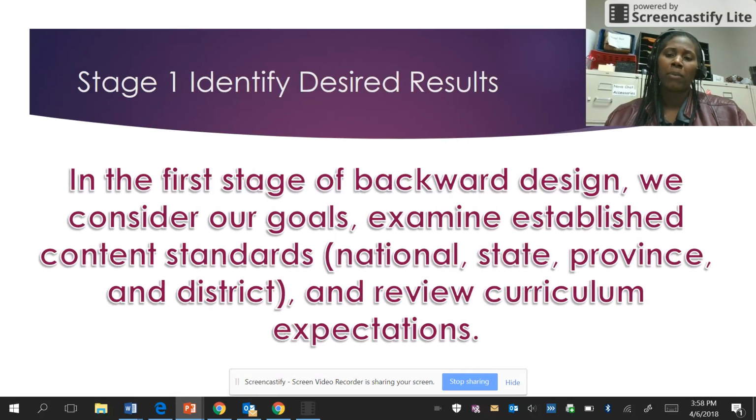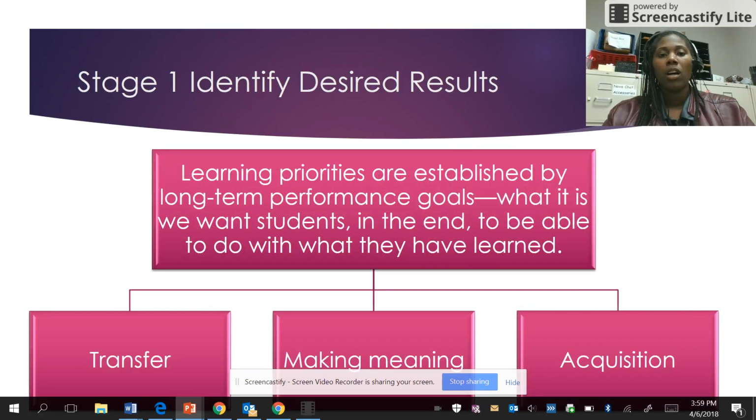In the first stage of backward design, we consider our goals, examine and establish content standards, and review curriculum expectations. Learning priorities are established by long-term performance goals. What is it that we want the students in the end to be able to do with what they have learned?